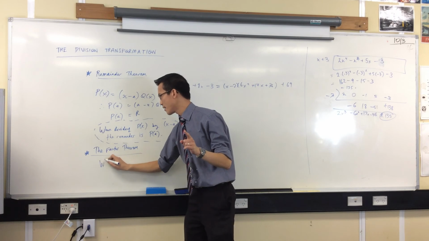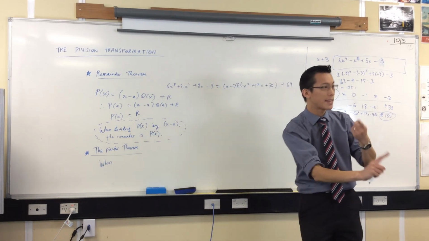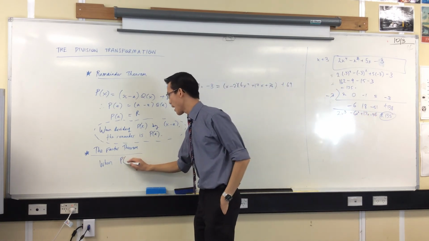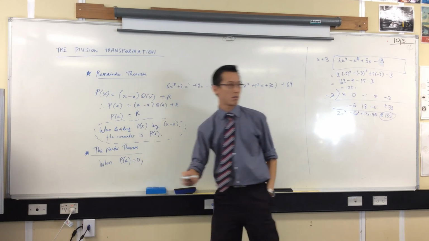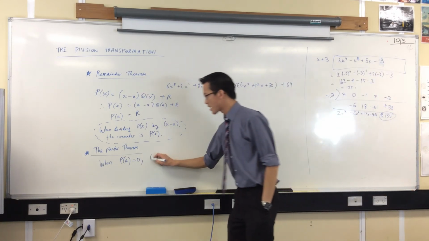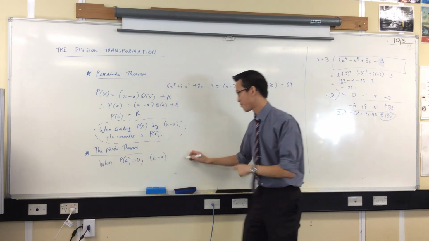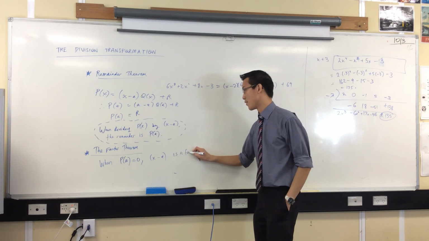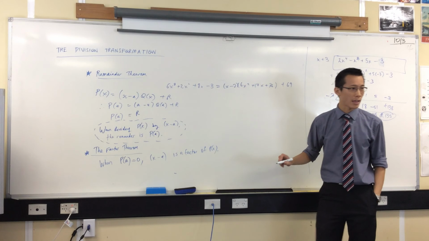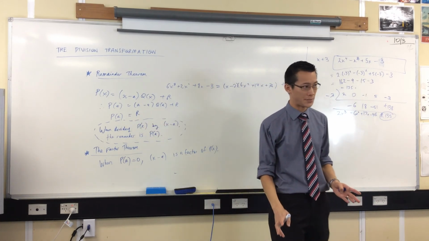Now we want something to be 0. What do we want to be 0? Number 1, the remainder, which is this guy, P of A. So when P of A equals 0, what does that tell us about the original polynomial? X minus A, the factor that corresponds to this 0, sorry, the divisor, is a factor of your original. Because you test this out, you get a remainder of 0, sweet, it actually divides through.